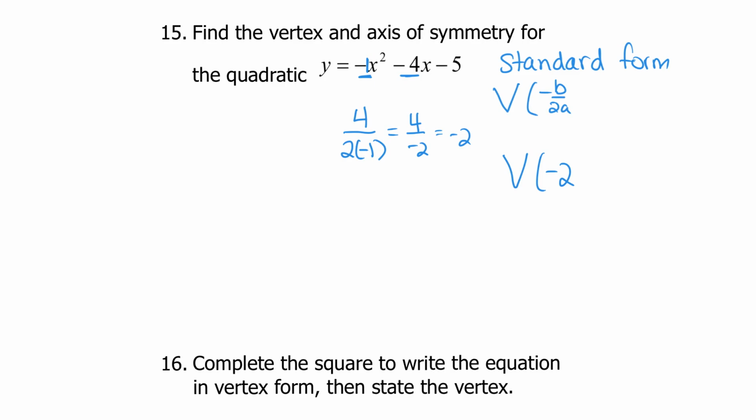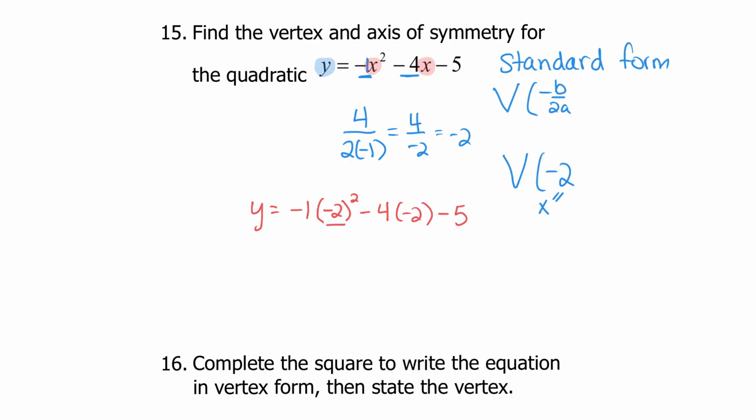So the x value of my vertex is -2. Now, since that's my x value, remember, you can always plug in your x value into the equation. So I'm going to plug in a -2 here and here so that then I can find my y value. Okay, so let's do that. So we'll have y equals, think of that as -1 times my x, which is -2, squared, minus 4 times -2, and then minus 5.